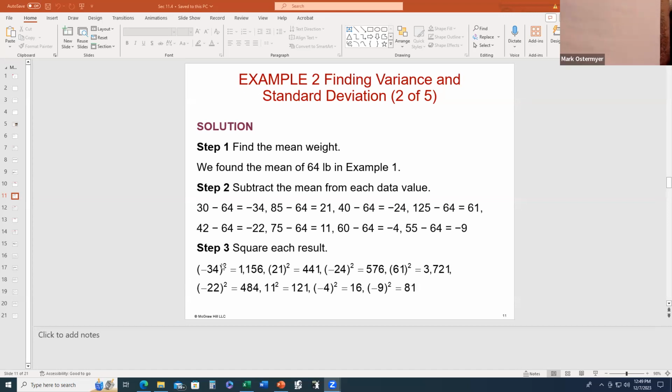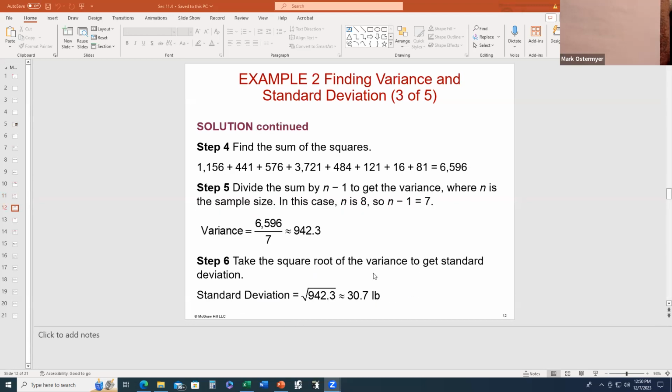So we're going to take 1156 plus 441 plus 576 plus 3721 plus all the way up to plus 81. So we add up those squared differences, and then we divide this sum by the sample size minus 1. That is to say, we divide this sum of 6,596 by 8 minus 1, or 7. And we get a variance of 942.3.